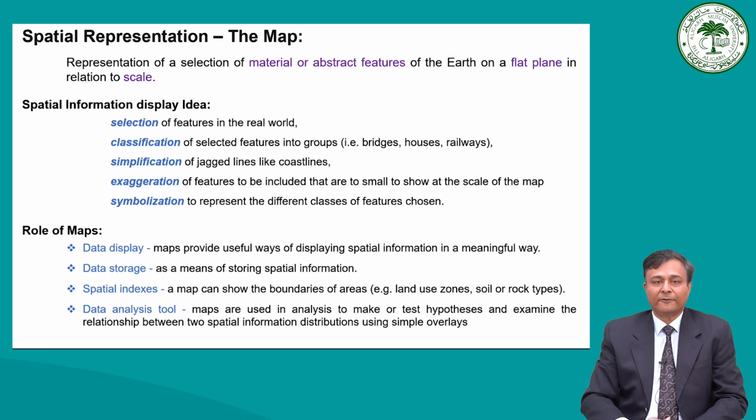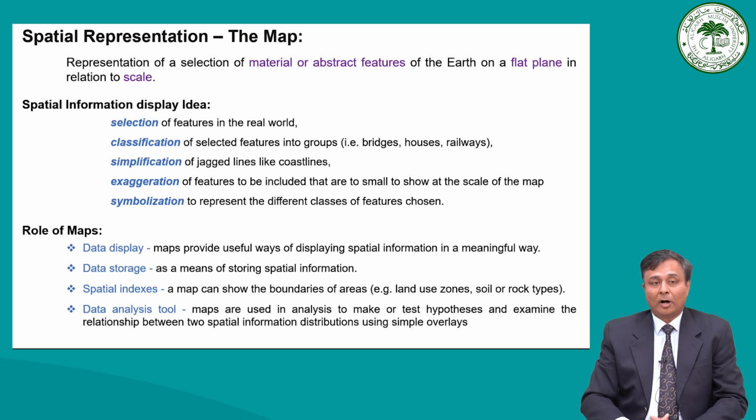So here the classification would be on the basis of certain features of the phenomena. Then we may also be displaying the simplified form of certain phenomena. For example, jagged lines like coastlines might be simplified. That is also a display idea of any map.